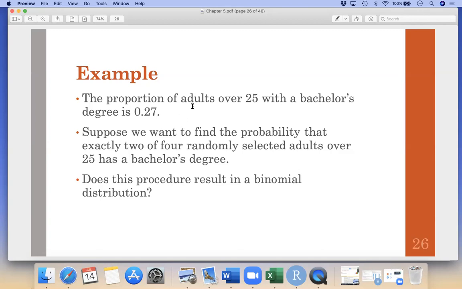Then the last one is that each trial has the same constant success probability. Yes, it's correct, because the success is adults over 25 with a bachelor's degree, and that probability is constant. It is the same for each and every trial, for all four adults. So this example meets those four requirements, and we can say this procedure results in a binomial distribution.